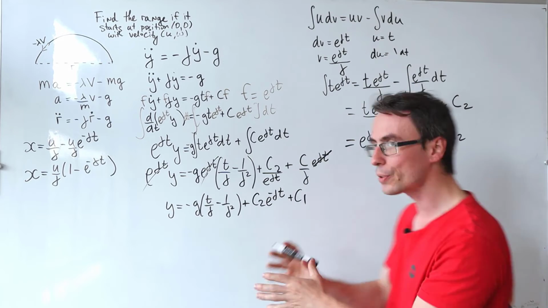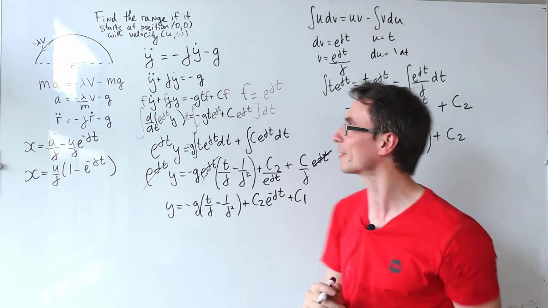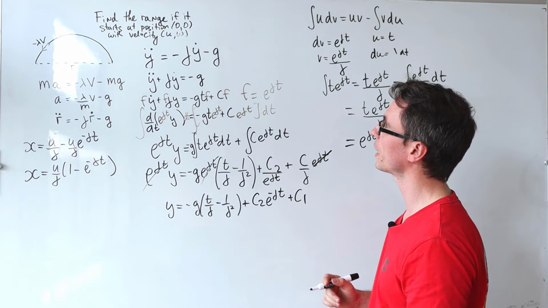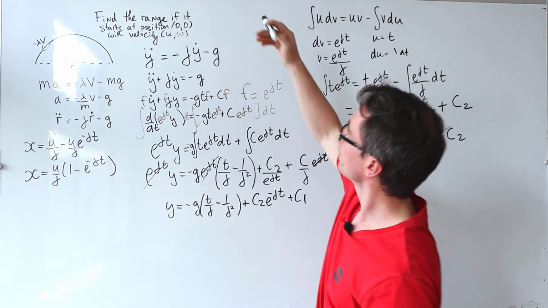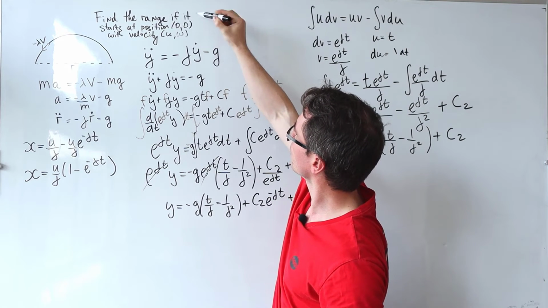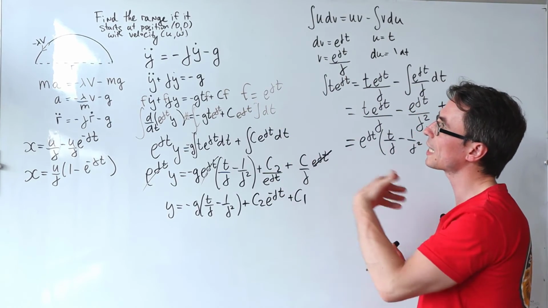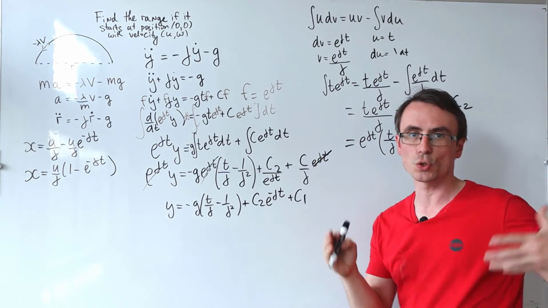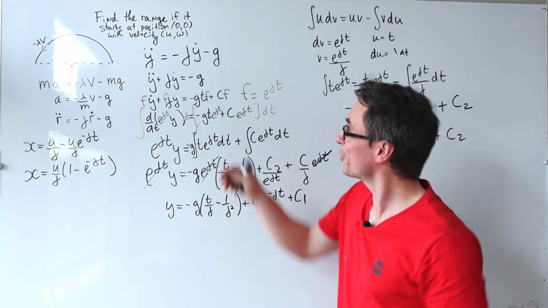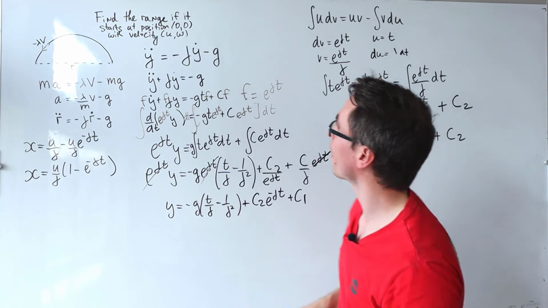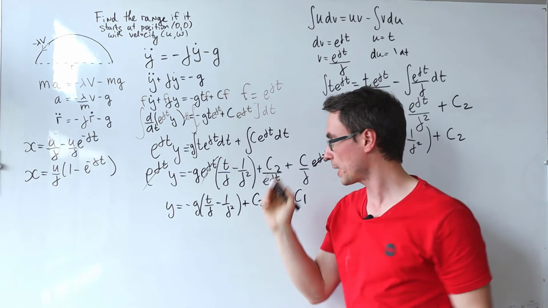Now I can use the boundary conditions to figure out my constants of integration yet again. So we know that the starting position is 0, 0, and we know that the initial velocity in the y direction is just w. I will first use this initial boundary condition about the speed.